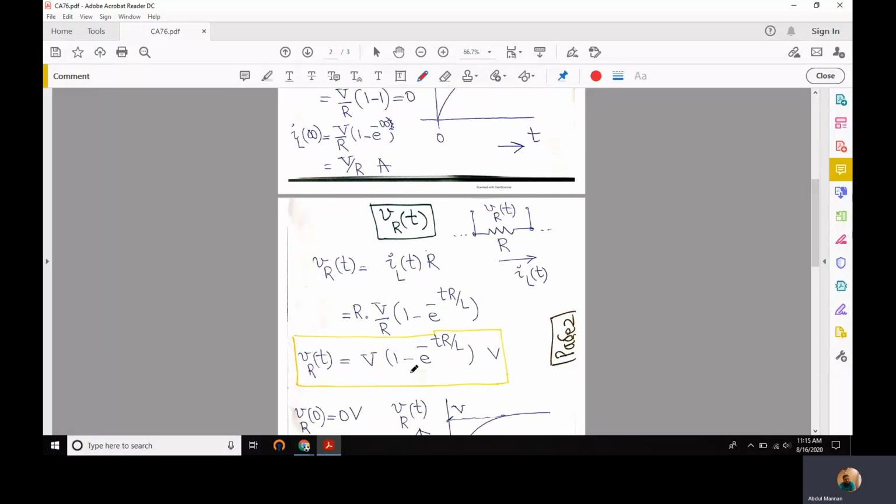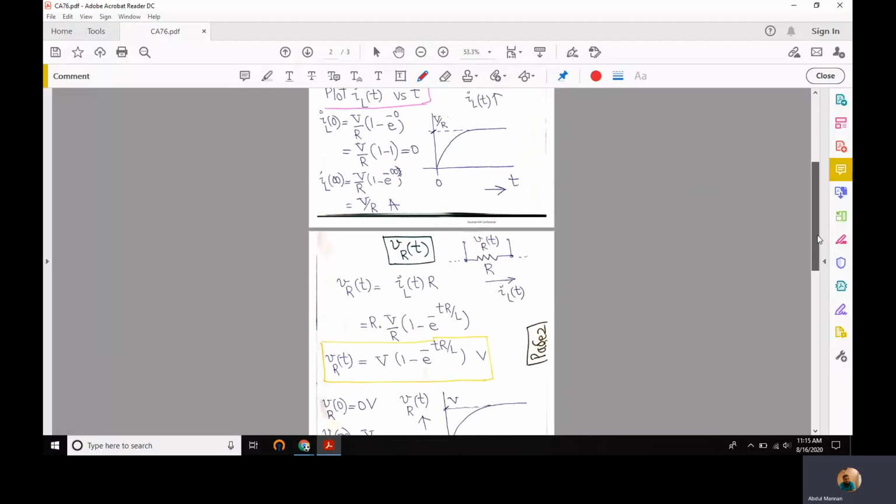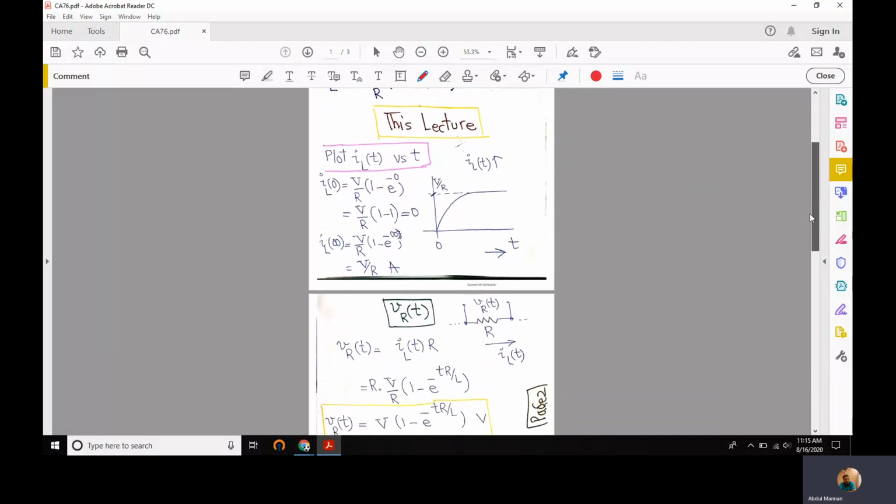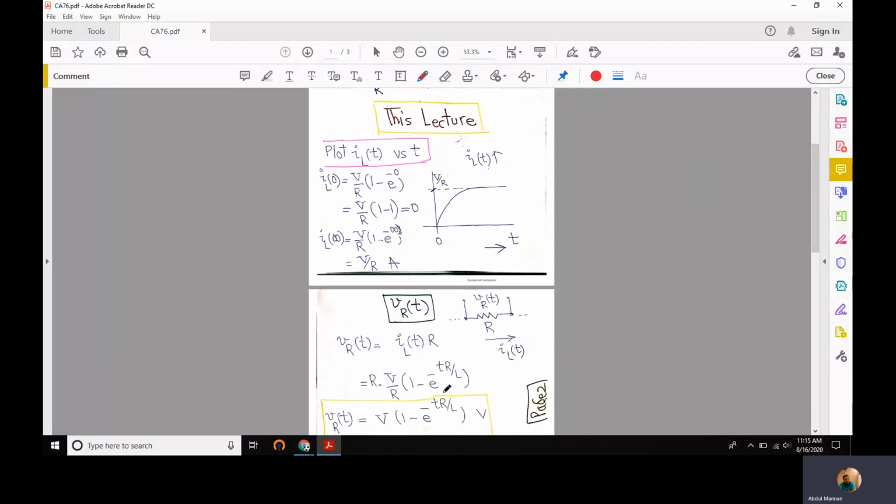Even this has the same shape, because this expression is 1 minus e to the minus t times a constant, and this expression is also the same as far as this portion is concerned.